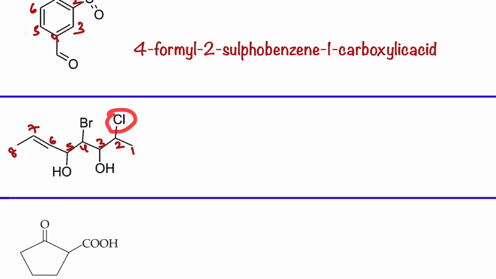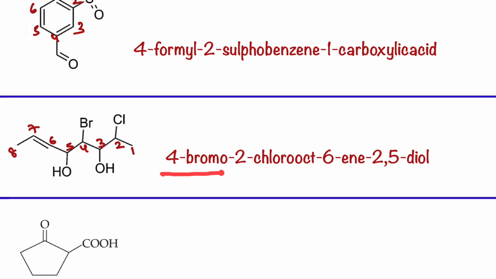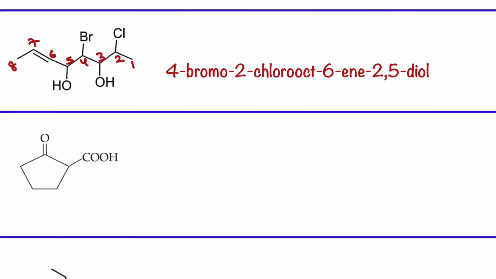This is a substituent, this is a substituent, prefixes must be in alphabetical order: 4-bromo, 2-chloro, oct-6-ene-3,5-diol. So that is the correct IUPAC name of the compound: 4-bromo-2-chloro-oct-6-ene-3,5-diol.